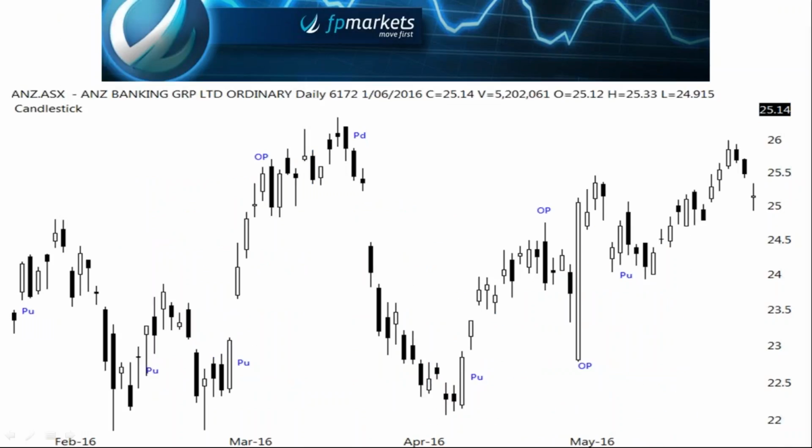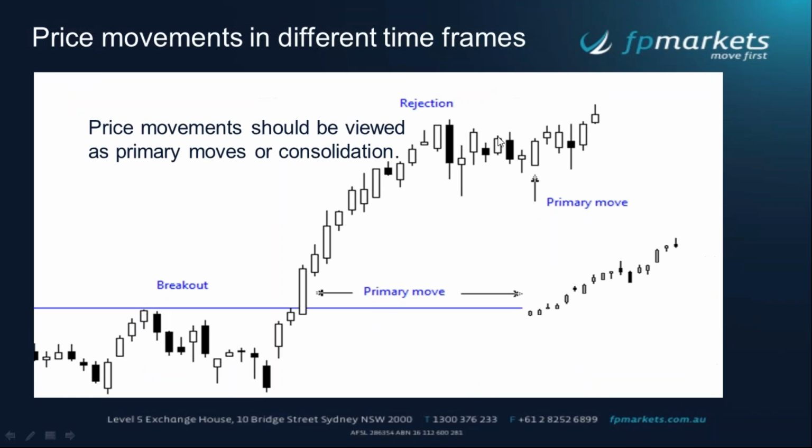So that's a bit of a statement out there. When you find them particularly in low price areas, there's one in ANZ here. This is a daily chart. Let me do this right. It's in a weekly chart.